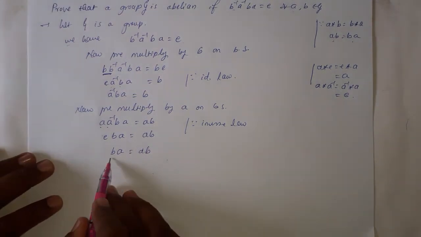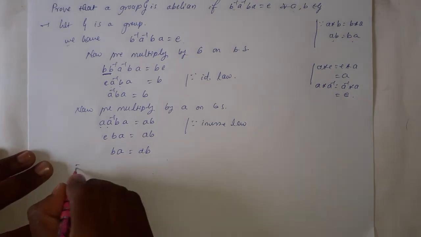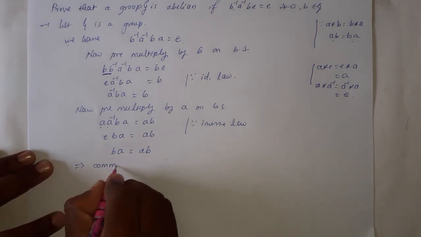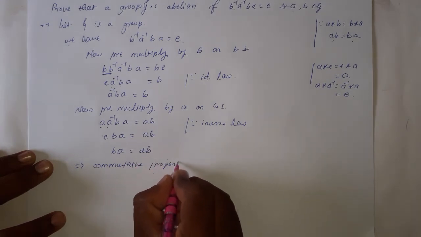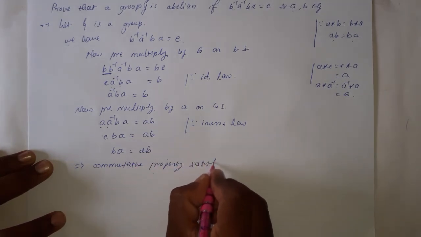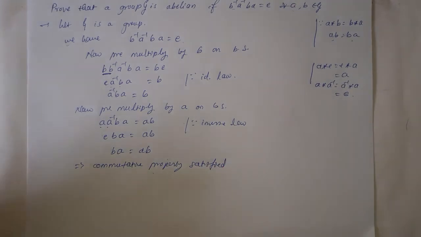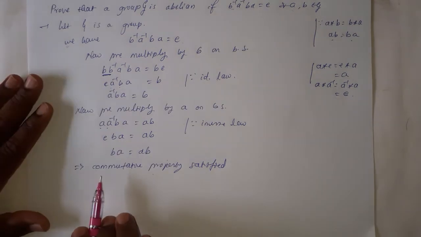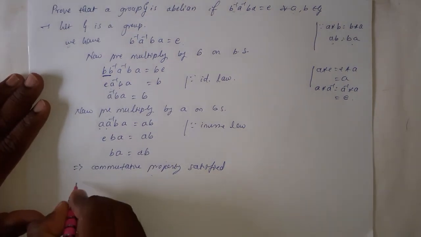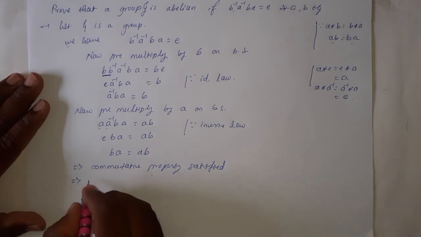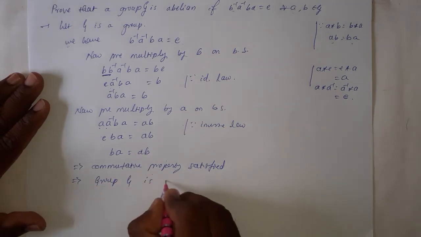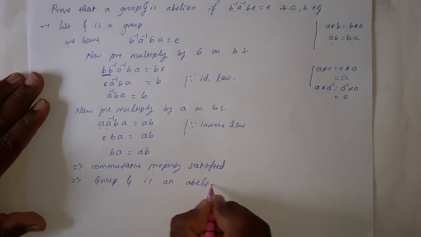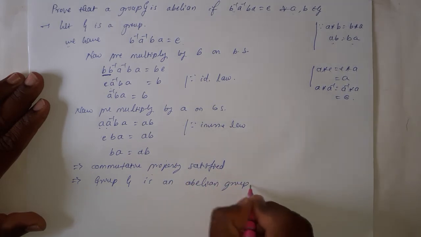So therefore BA is equal to AB, so it implies that the commutative property is satisfied, right, because AB is equal to BA or BA is equal to AB, both are the same. If that condition is true, then we can say that the commutative property is satisfied. If the commutative property is satisfied, then it implies that the group G is an abelian group, right.